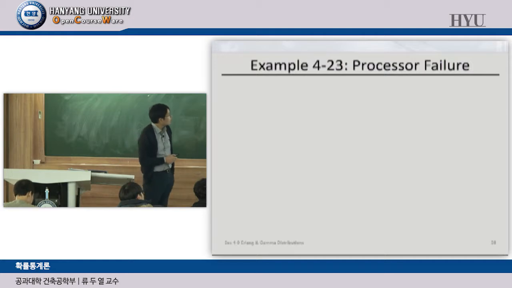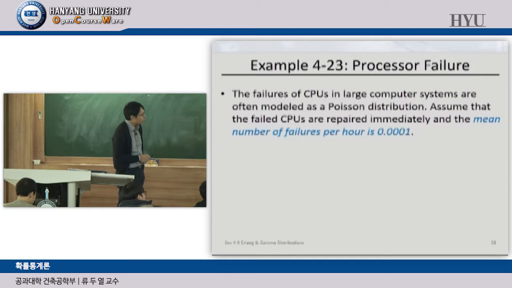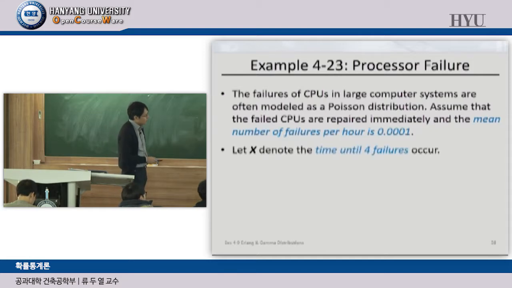And this is the example. The failures of CPUs in large computer systems are often modeled as a Poisson distribution. Assume that the failed CPUs are repaired immediately and the mean number of failures per hour is 0.0001. In that case, let X denote the time until 4 failures occur.